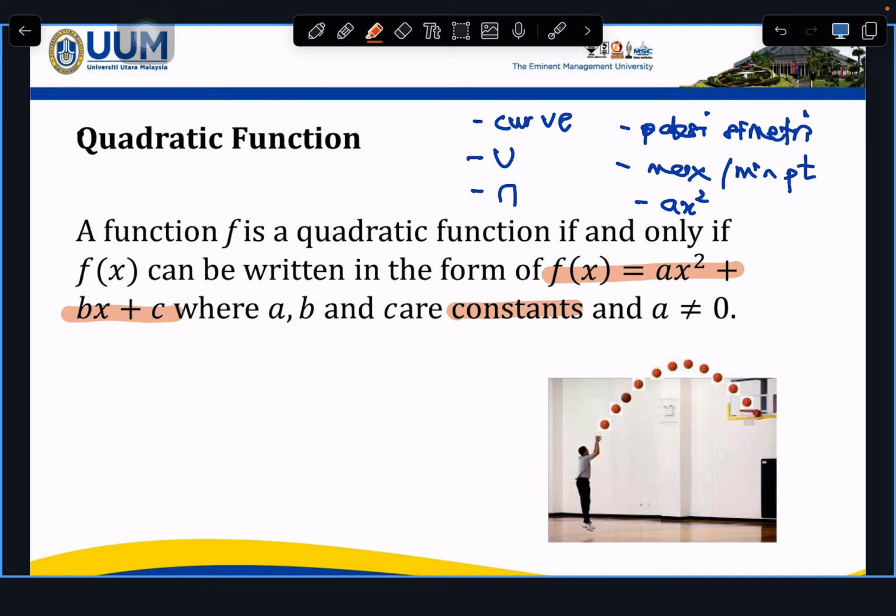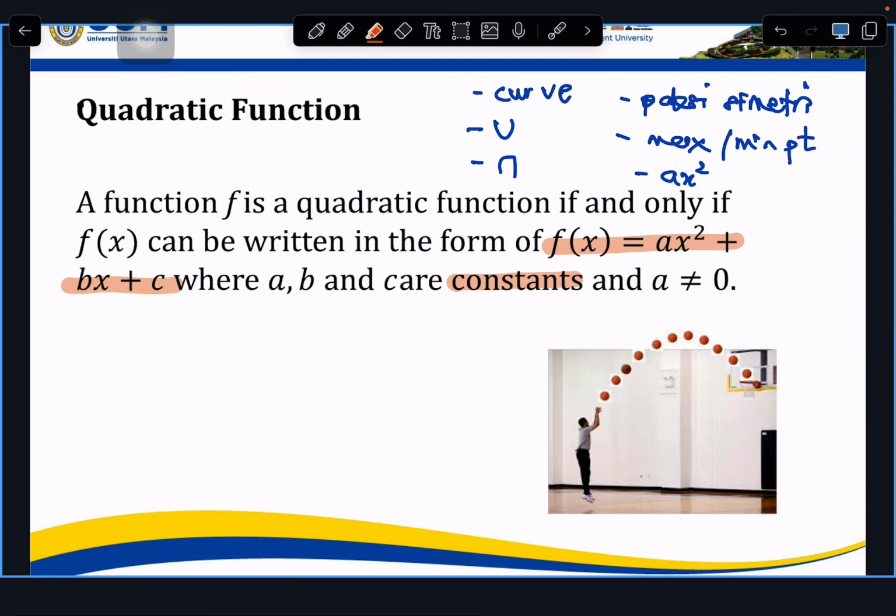Yes. How about fractions? Is a fraction a number or not? Yes. So is a fraction a constant or not? Yes. How about surd, square root of 2? Yes, can. We can have any numbers, like fractions, surds, as long as our x is power of 2.